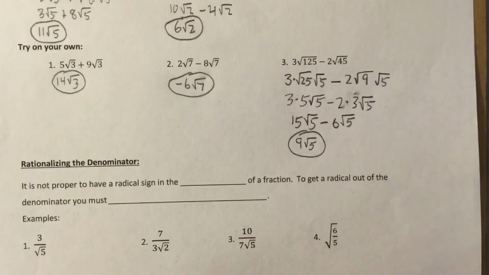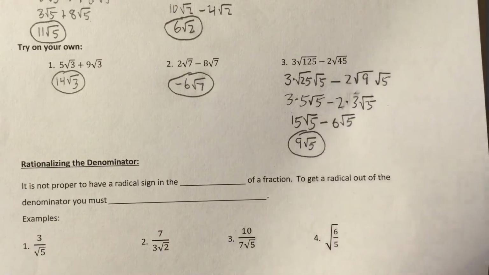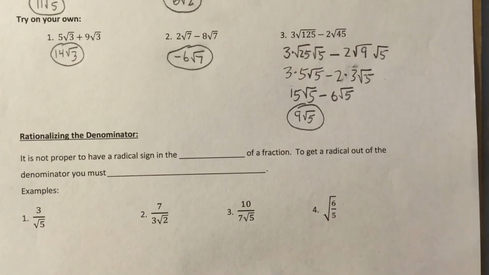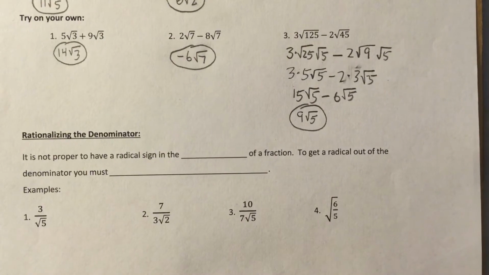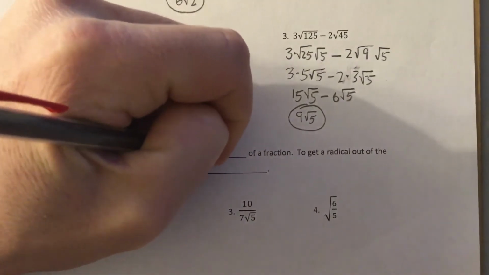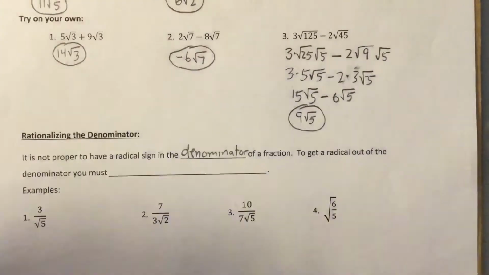And the last part of our radicals here is rationalizing the denominator. It is not proper to have a radical sign in the denominator of a fraction.